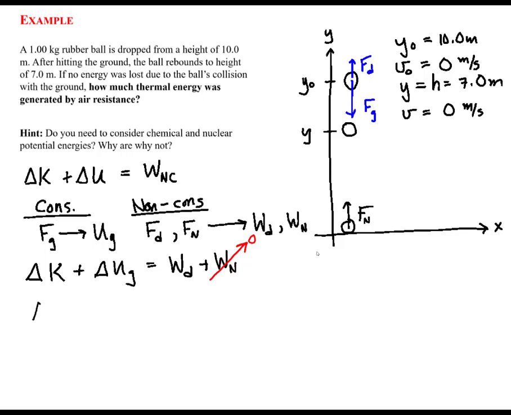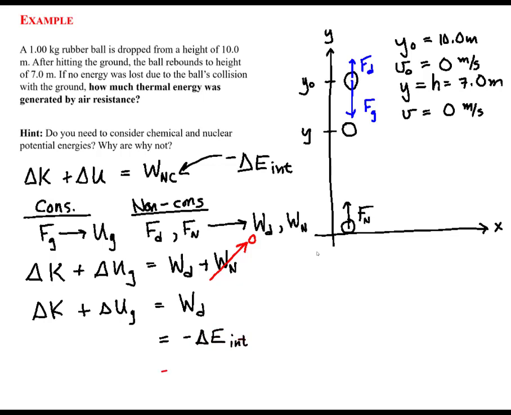So we have the change of kinetic energy plus the change of potential energy is equal to the work done by drag. But remember, the work done by non-conservative forces is equal to minus the change of internal energy. So, the work done by drag is going to be equal to minus the change of internal energy.